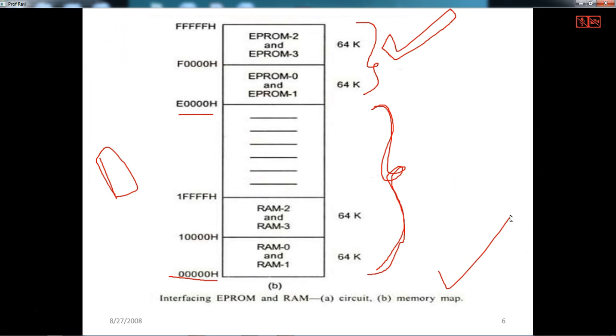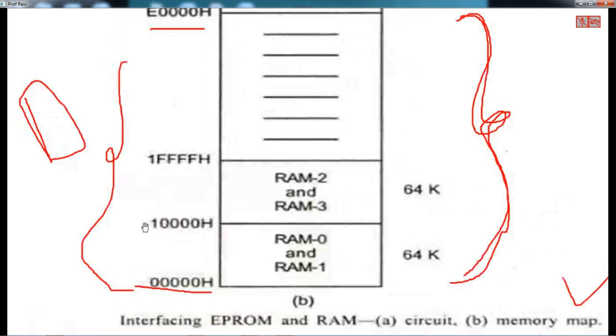Now the moment we say memory mapping, you have to know, when designing a system, how to configure these addresses and give them to the memory, so that when the processor gives an address, the address decoder decodes and selects a particular memory location.